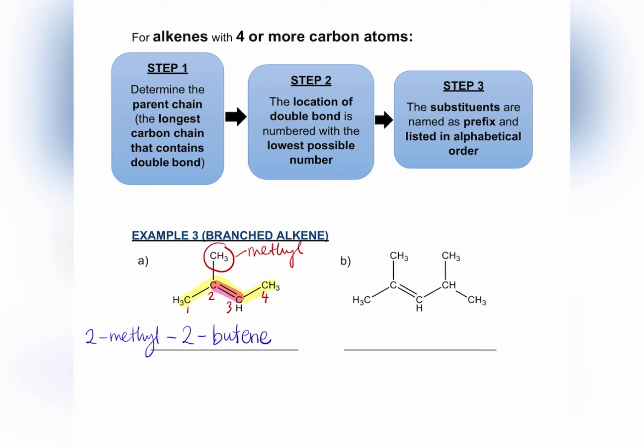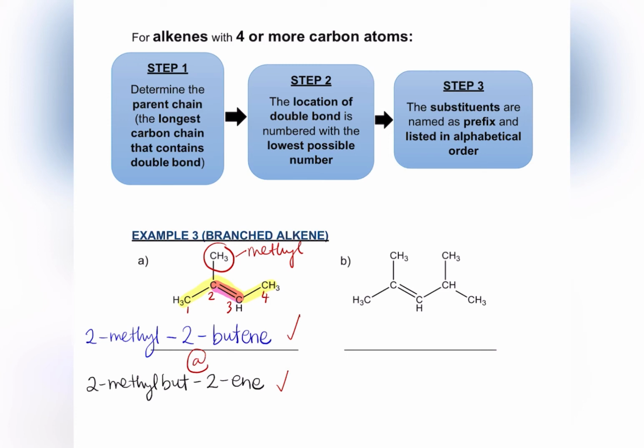You can also write it in another form, which is 2-methyl-but-2-ene. This one is also acceptable for your naming. Whichever you prefer, usually I choose the top one, the blue one, because it's much easier. For this one, you just separate the family name with the numbering for the position of the double bond.